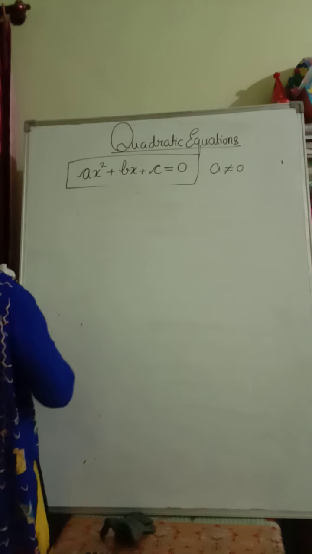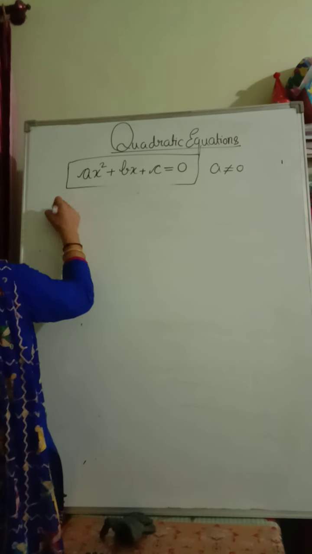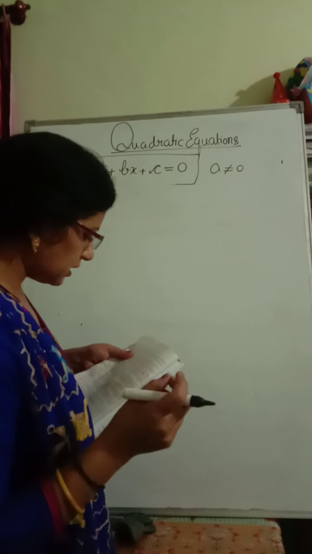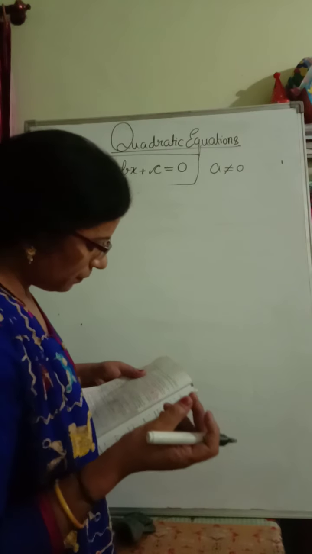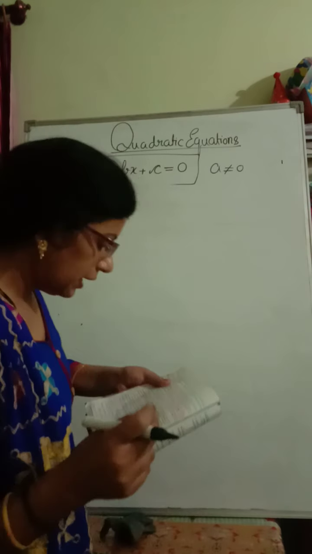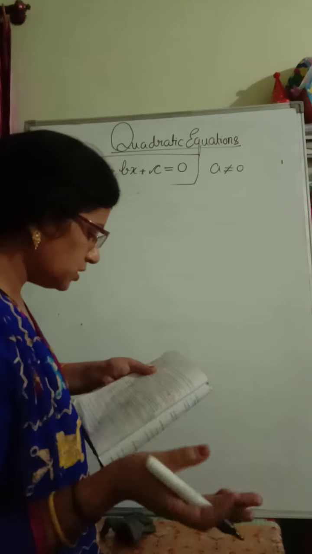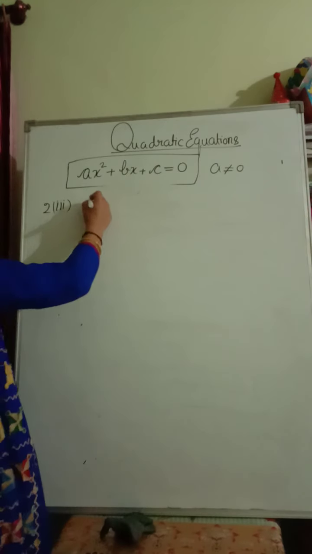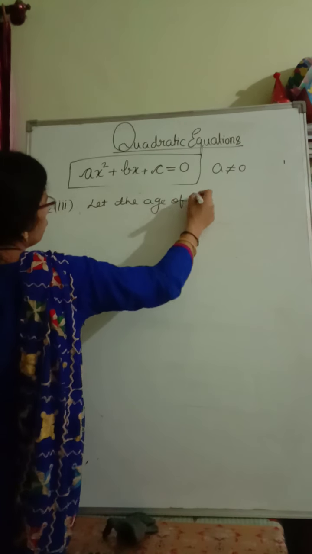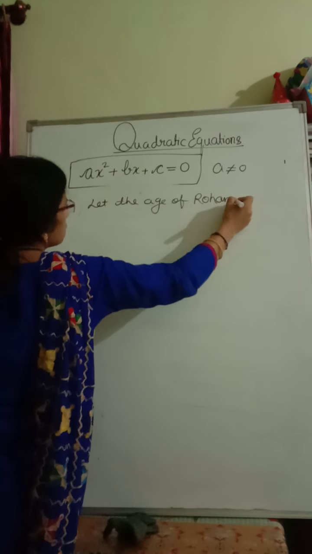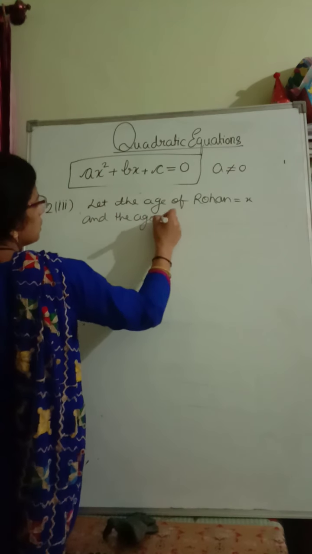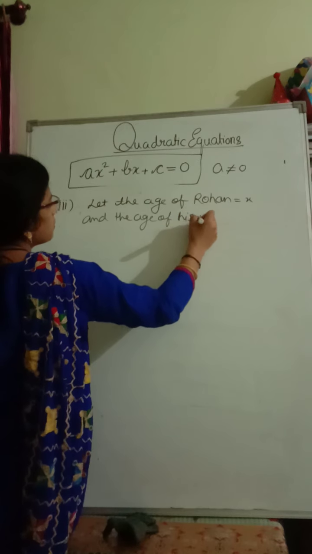Third part is: Rohan's mother is 26 years older than him. The product of their ages 3 years from now is 360. So first consider the ages of both. Let the age of Rohan be x and the age of his mother be x plus 26.